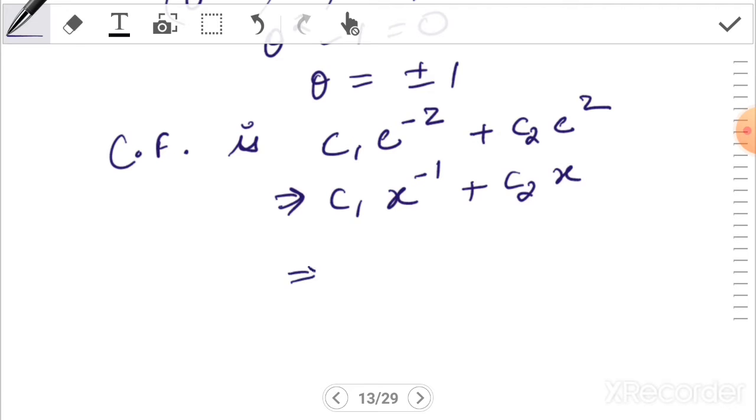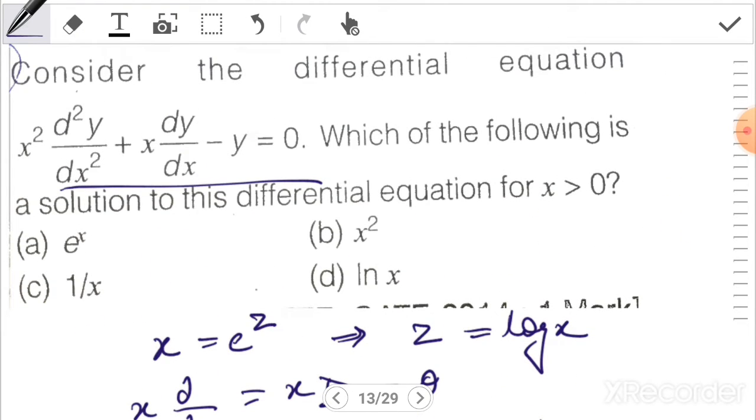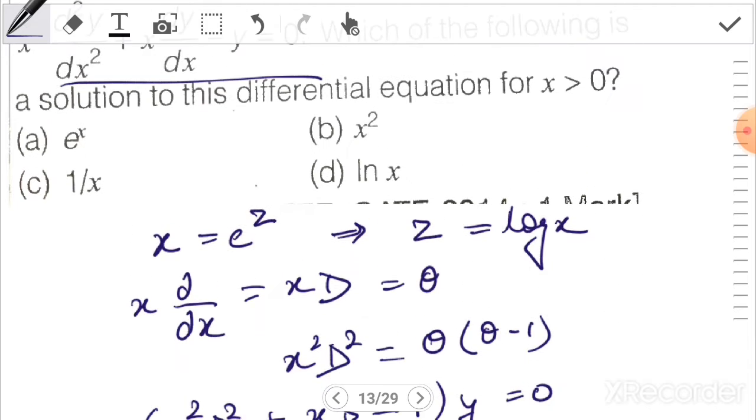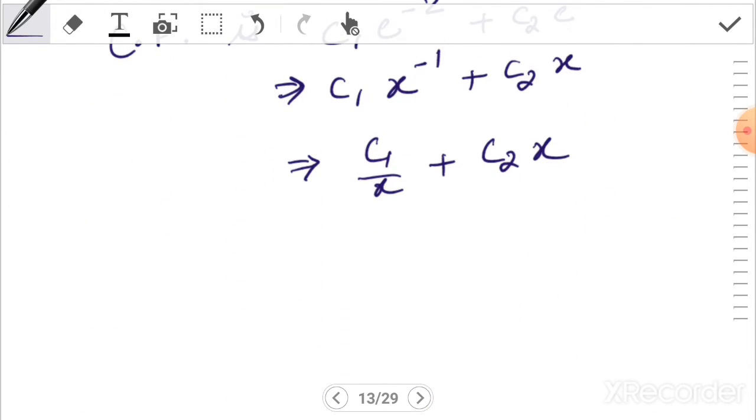So the complementary solution is c1 by x plus c2 times x, right? So one independent solution is 1 by x and another independent solution is x.